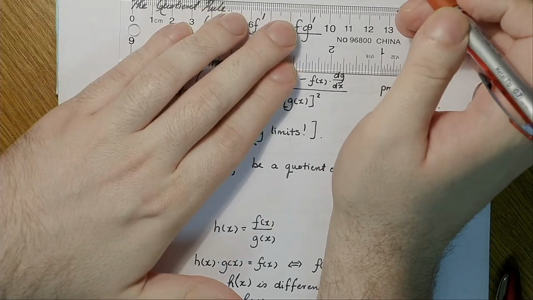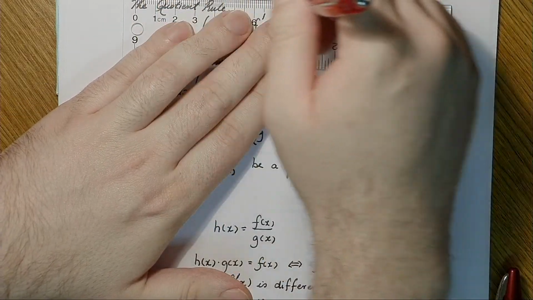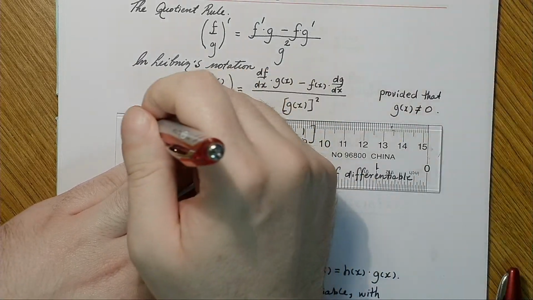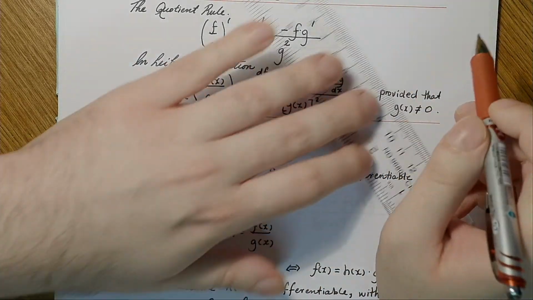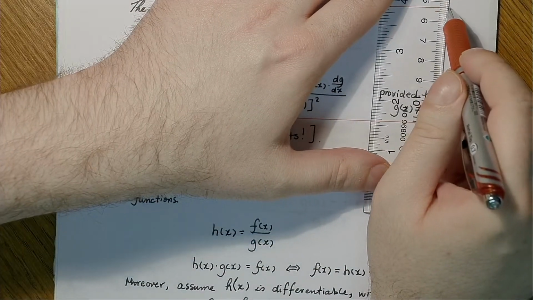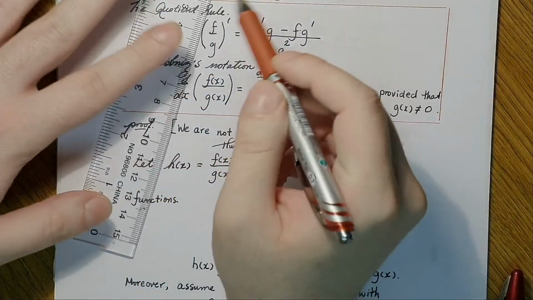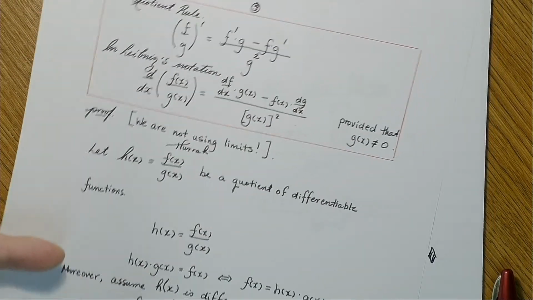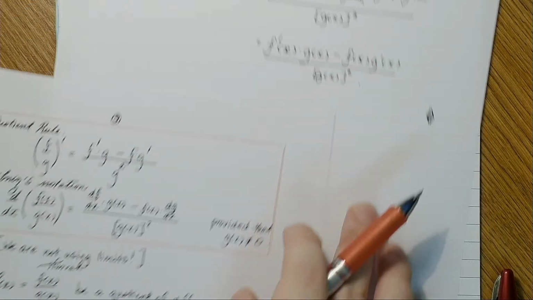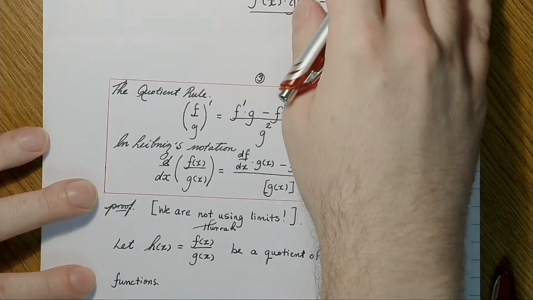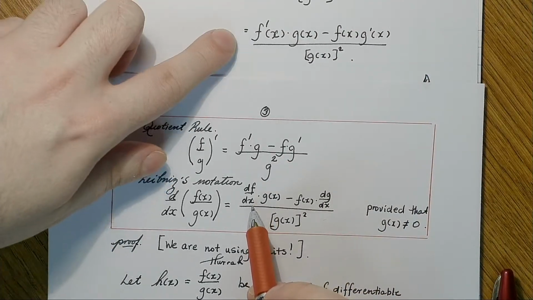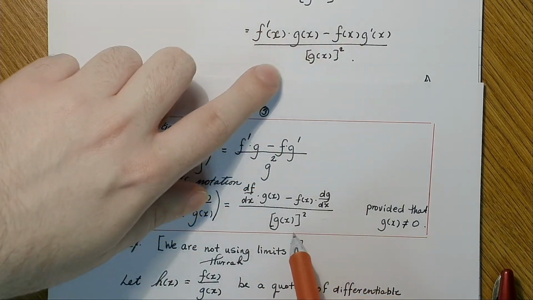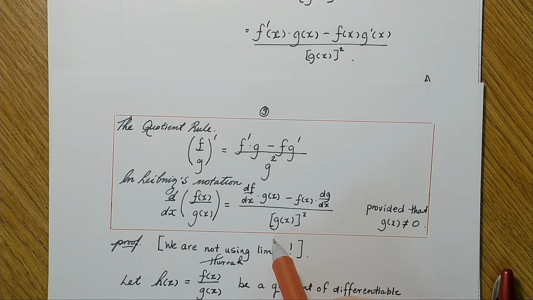Using my previous rule, I was able to show that I could differentiate it using the product rule that we had previously derived, and came up with what we were expecting: the derivative of f times g minus f times the derivative of g, all divided by g squared.